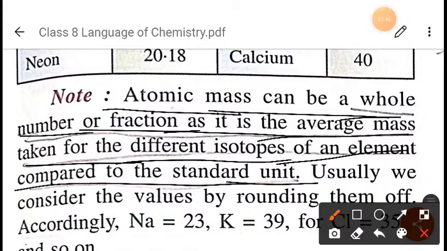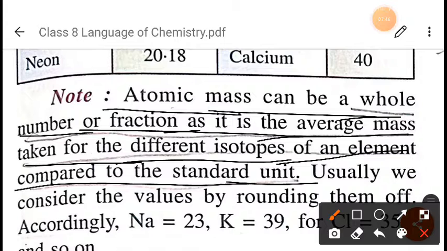We have learned that isotopes have the same atomic number but different mass numbers. So it comes as a fraction or a whole number because it is the average mass of different isotopes.